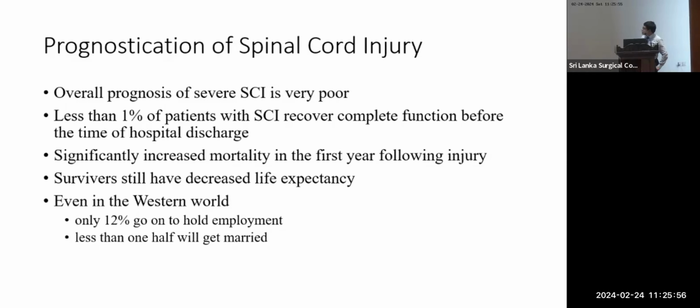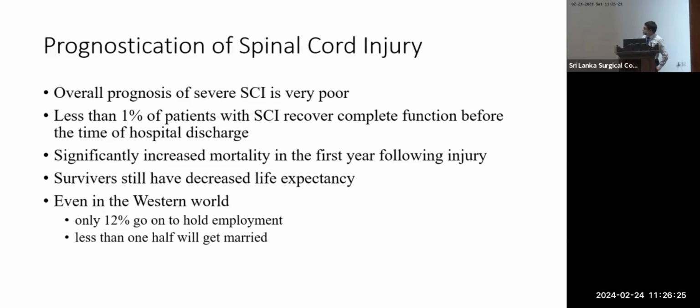Less than 1% of patients with spinal cord injury will recover complete function by the time they are discharged from the hospital. Some other patients may improve further over a long period of time. They have not improved a lot by the time of discharge, but that does not mean they are not going to improve over the next few months. With proper management, they may improve, but the chance of complete recovery is very low.